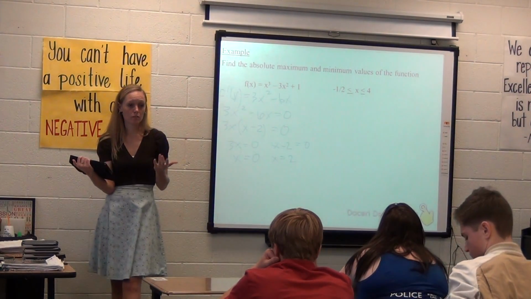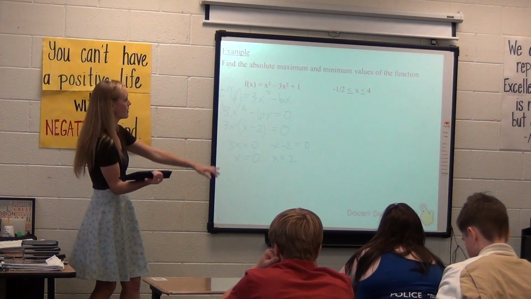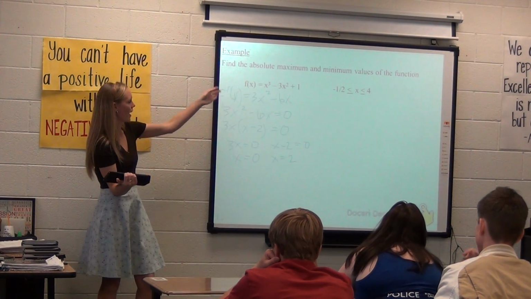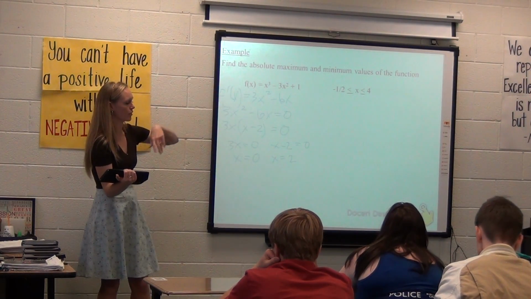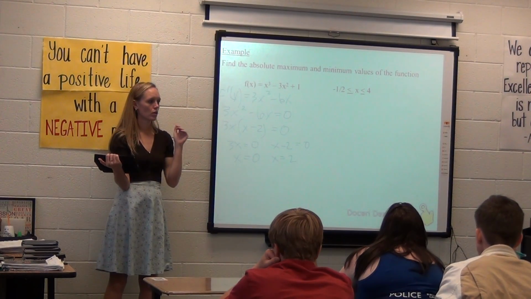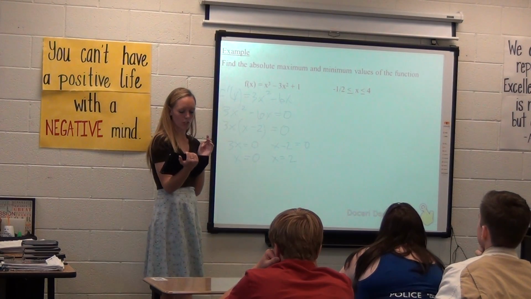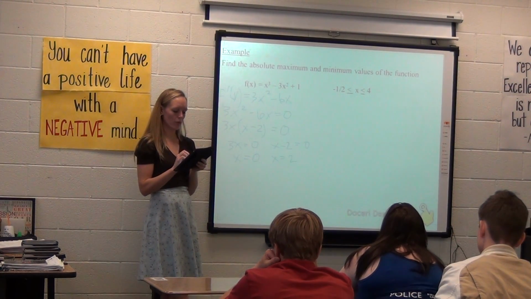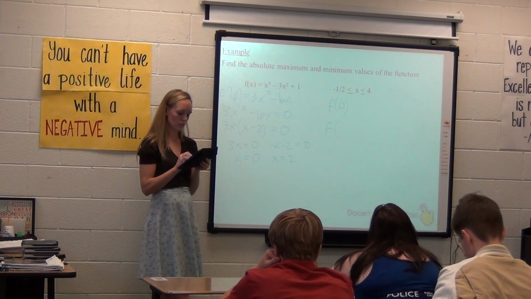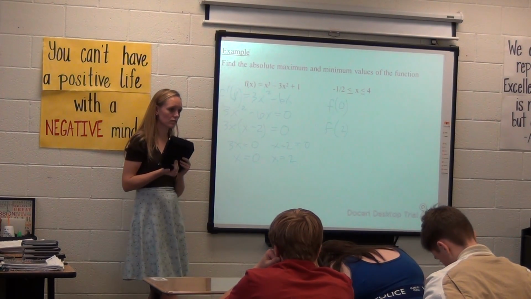What do I do now? I'm trying to find absolute maxes and mins. I have this function, and they've given me an interval to look at. I'm plugging into the function. What values am I evaluating my function at? 0 and 2. Is that it?